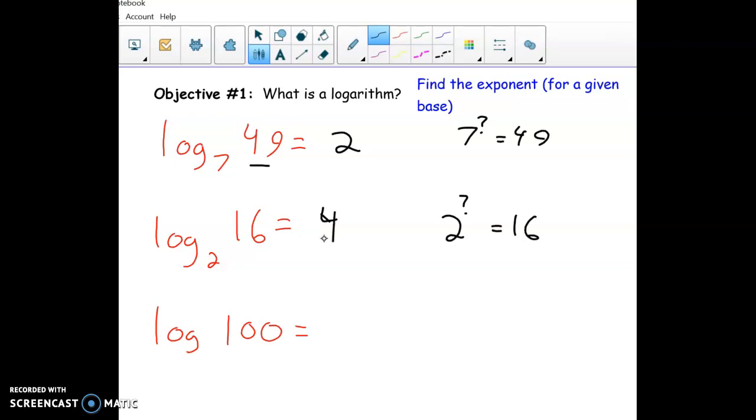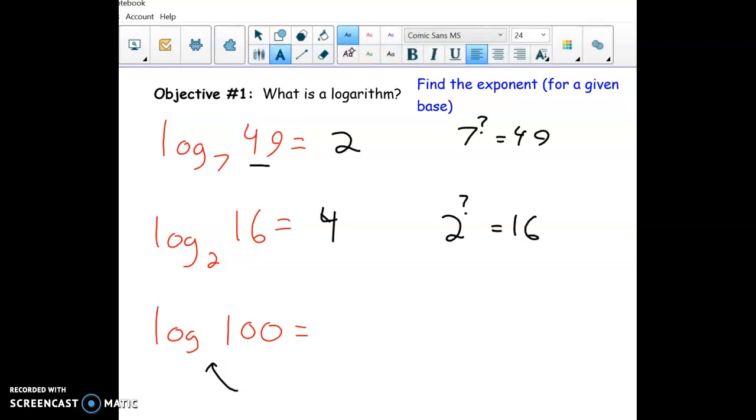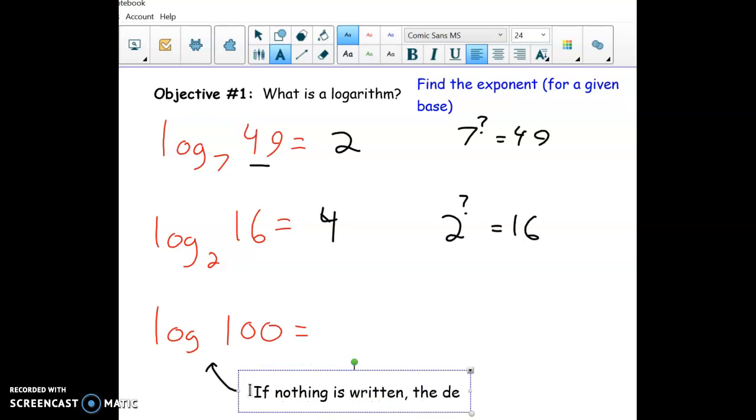If you're not sure how to figure that out mentally, I kind of just do guess and check. And long term, we'll be able to do this on our calculator, so not a big deal if you can't quite do that in your head. And then the last thing you probably want to note is an example like this. Just put in your notes that if nothing is written, it's assumed to be base 10. So if nothing is written, the default is 10.